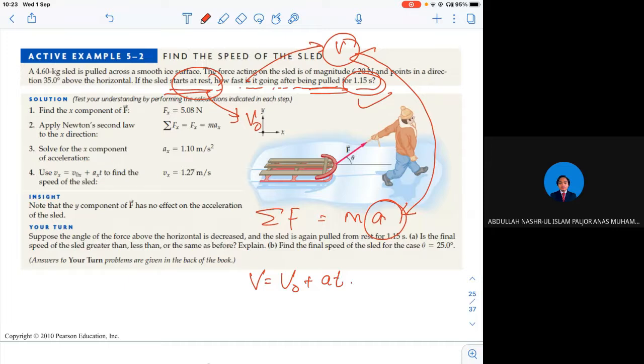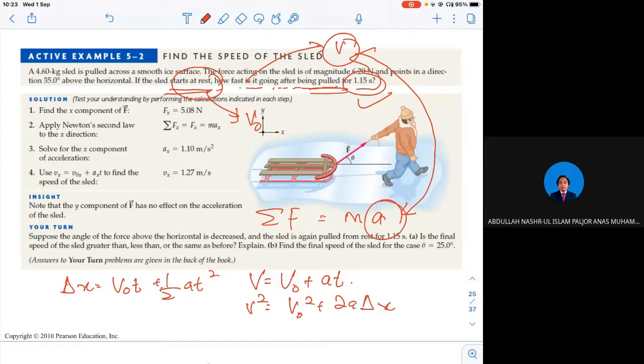So the equations of motion can be used in these types of examples. Maybe we can use V squared equals V naught squared plus 2A delta X, for example. Maybe we can use delta X equals V naught T plus half AT squared.